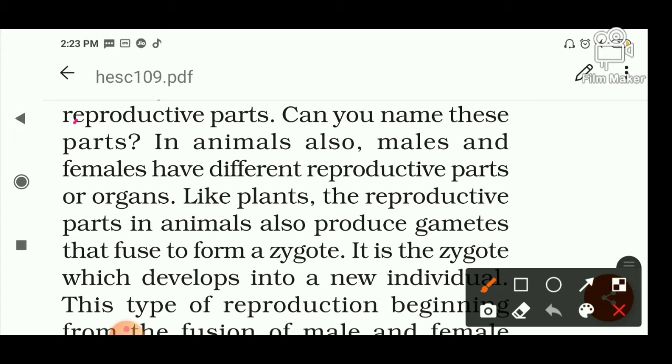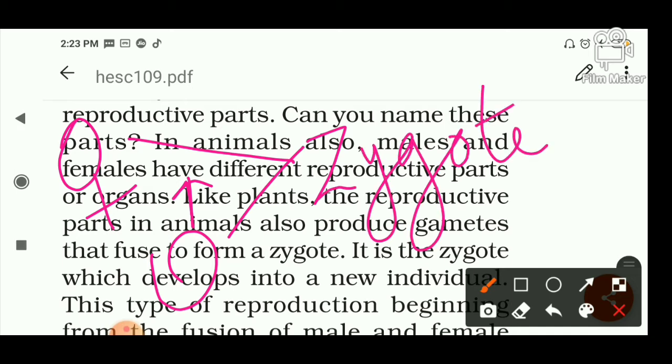Now you can see, male and female gametes fuse together and they form the zygote. Zygote is a single-celled structure. When male and female gametes fuse, the process is called fertilization, and in this process the zygote is formed. When division starts in the zygote, the next stage is called embryo.